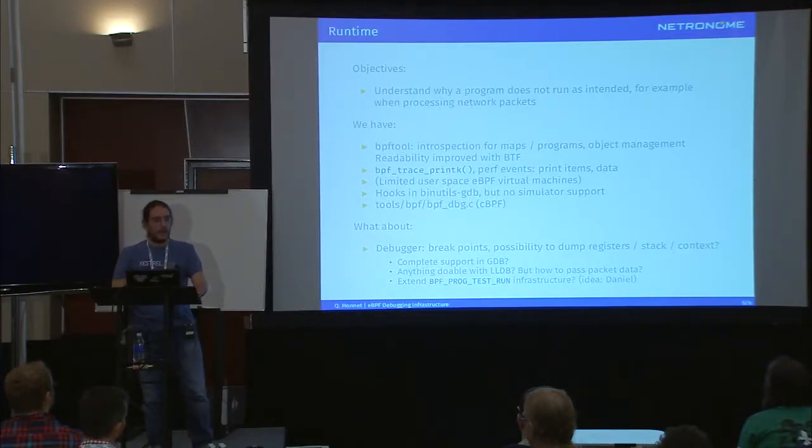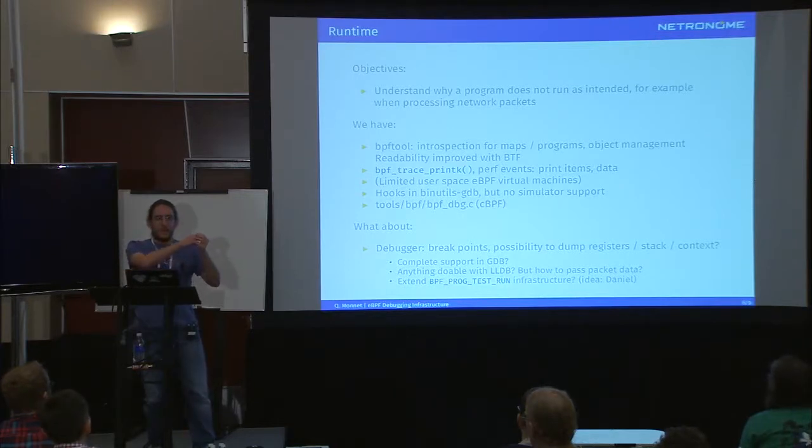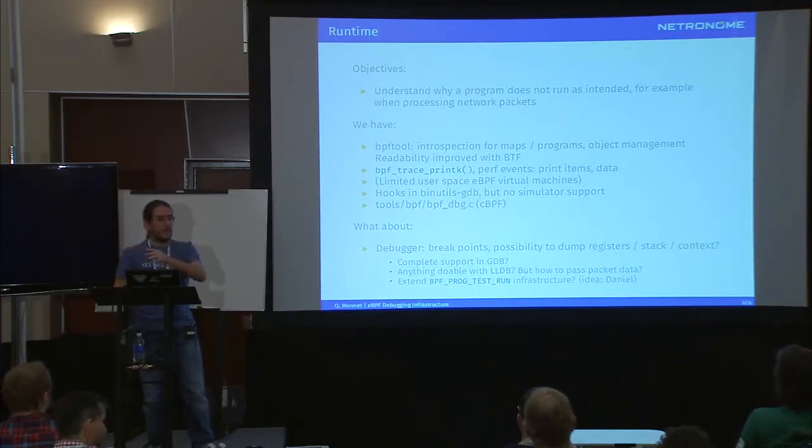So now say I have loaded my program into the kernel, I attach it to TC, XDP, whatever, and my program does not pass my packets as I expected, so there's something wrong with my program. What happens?